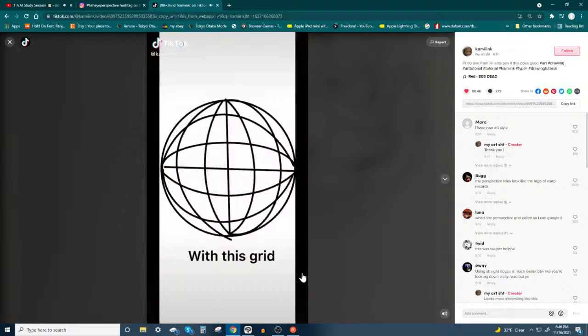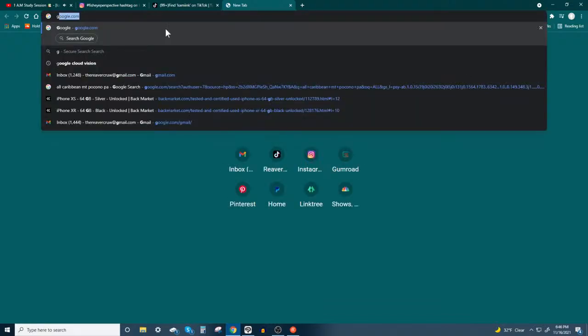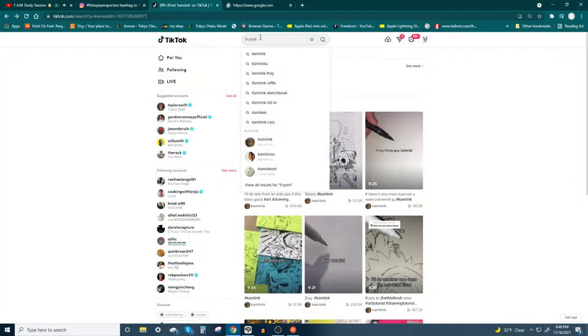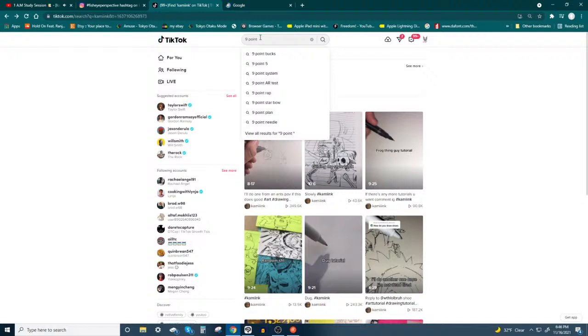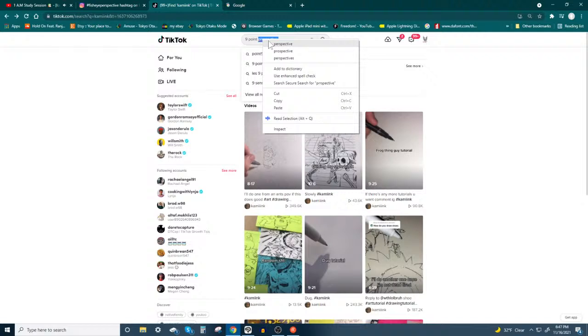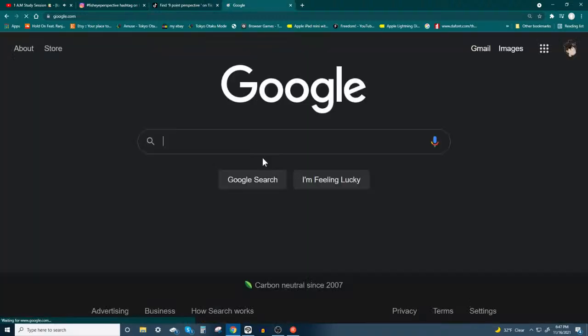So there you go. I'm gonna check out 9-point perspective. I'm gonna go Google. Oh no, I'm gonna do it here. 9-point perspective. They don't have it here, so I have to do it this way.